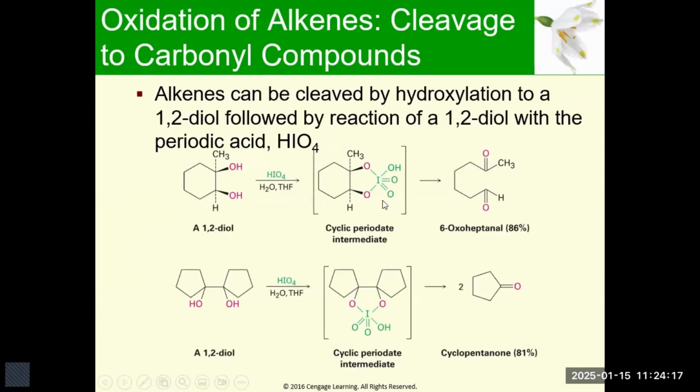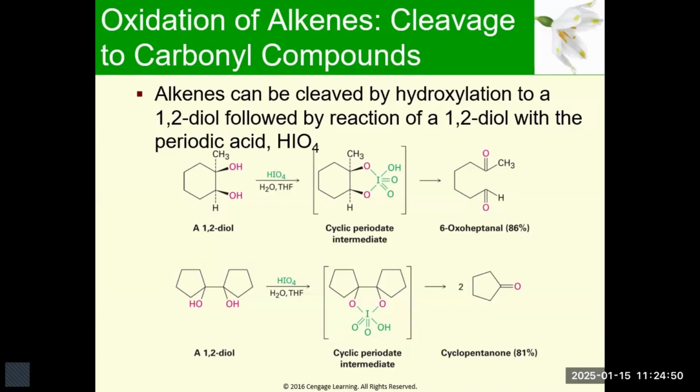All right, so I like calling this reaction Haya because it cuts the diol, if you will, and creates two carbonyl groups, or it can actually create two ketones. So let's look at this. And we see what I call Haya multiple times. Now with it, it's actually a periodic acid.